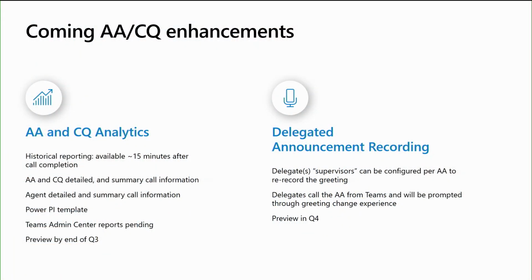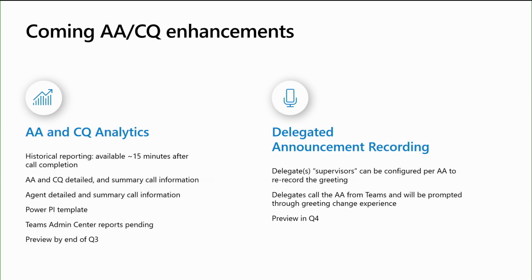The first is a long sought ask and a very important feature for managing call queues and call center agents: analytics. So we are now offering historical reporting around both auto attendant and call queue information on calls. The data is actually broken into two broad categories. The first is summary information of a given call queue.